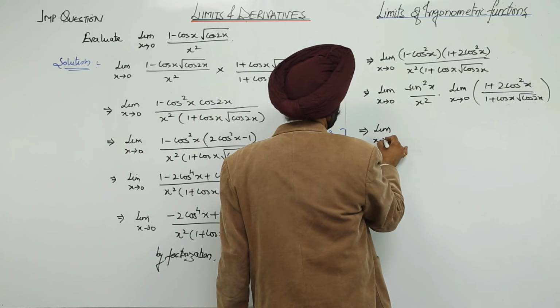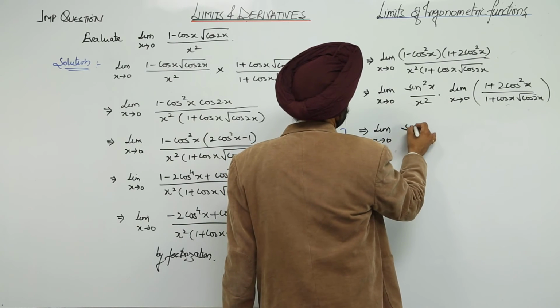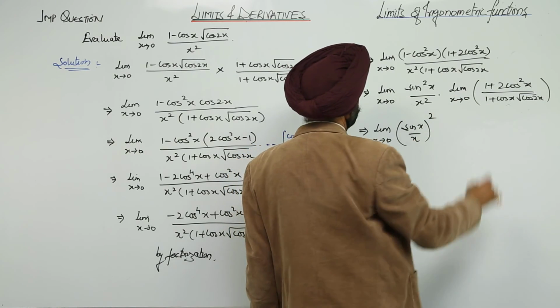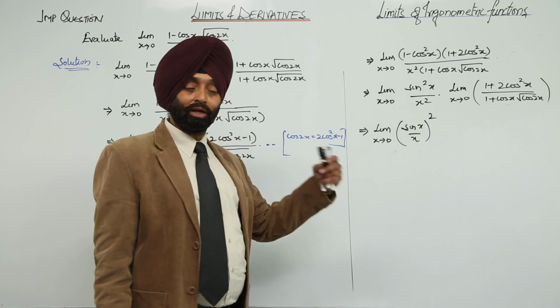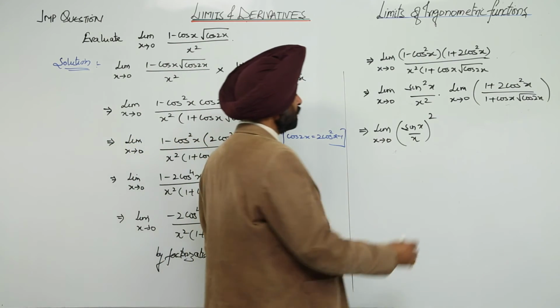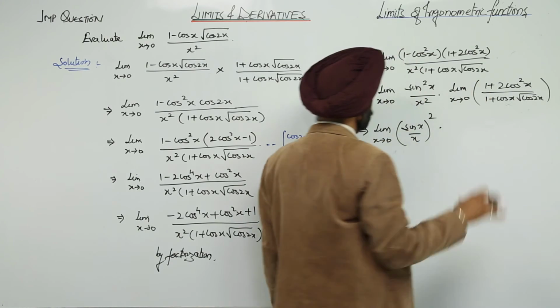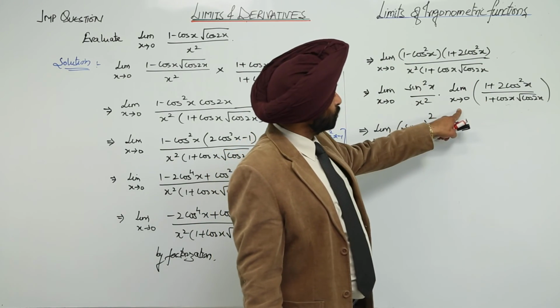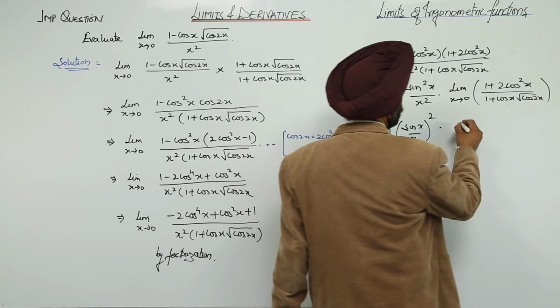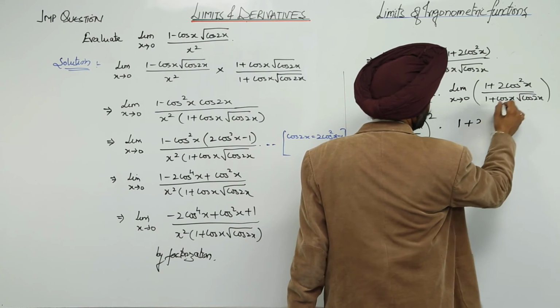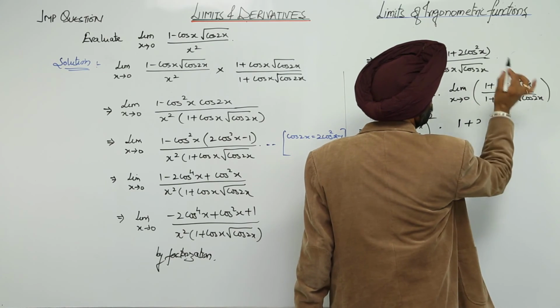Now, limit x approaches to 0 of (sin x upon x) whole square, because it is sin square x upon x square, into, now let x approach 0. Now when x approaches to 0, what we are having? 1 plus 2 times cos 0.